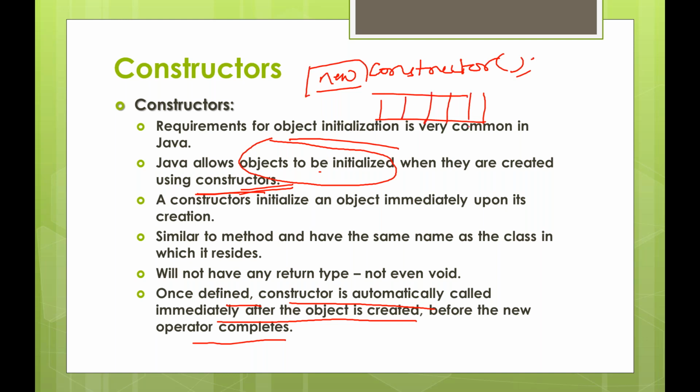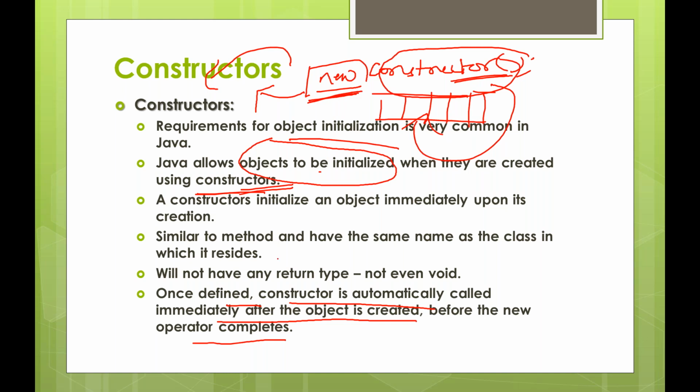It allocates memory for the object, and then the constructor is called, which initializes the object, and then a reference to that particular object is returned, which we will store in a reference variable of the same class, whatever class we have defined here.